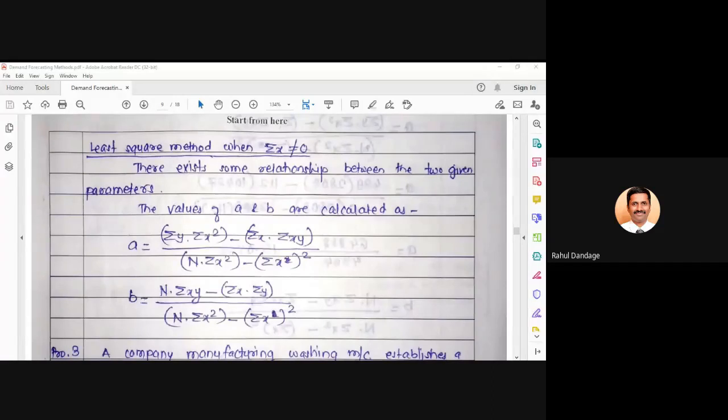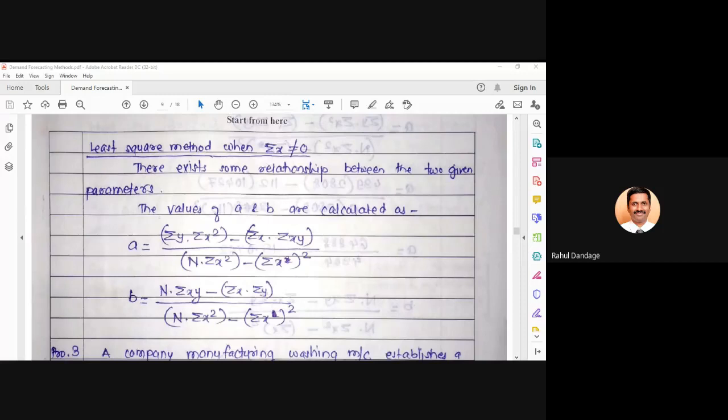Least square method when summation x is not equal to 0. When summation x is not equal to 0, there exists some relationship between the two given parameters. As we have discussed, one parameter is dependent on the value of the other parameter. In that particular case, the values of a and b should be calculated with the formulae in front of you.